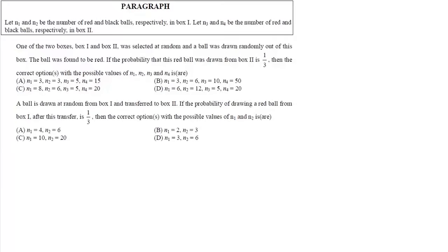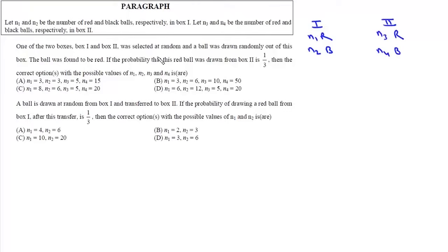The question is: let N1 and N2 be the number of red and black balls respectively in box 1, and let N3 and N4 be the number of red and black balls in box 2. So we have 2 boxes, box 1 and box 2. In box 1 we have N1 red and N2 black balls, and here we have N3 red and N4 black balls.